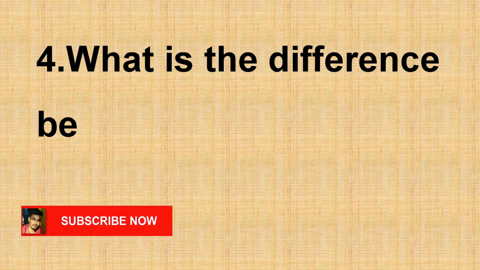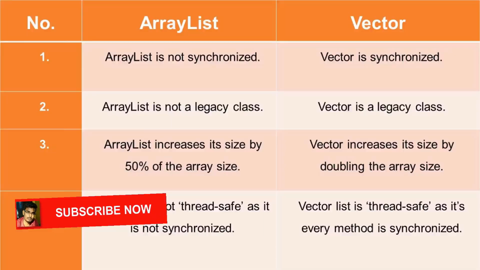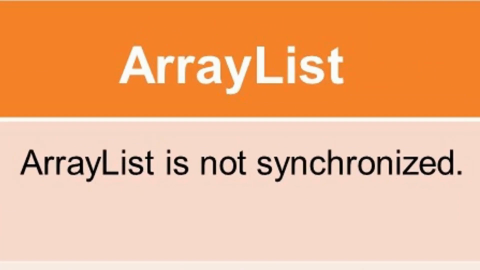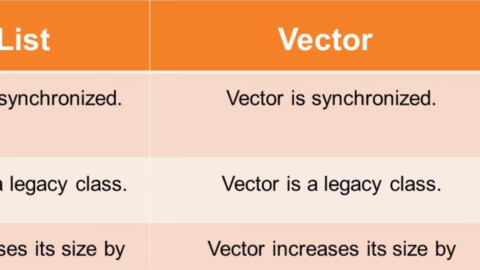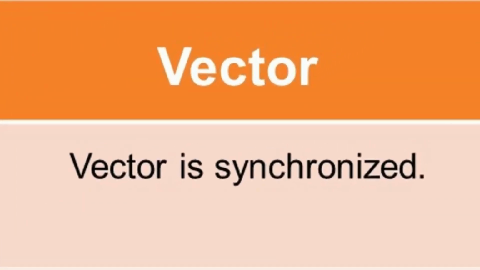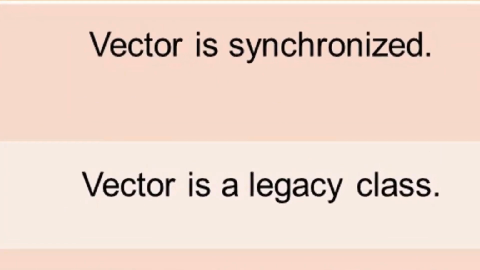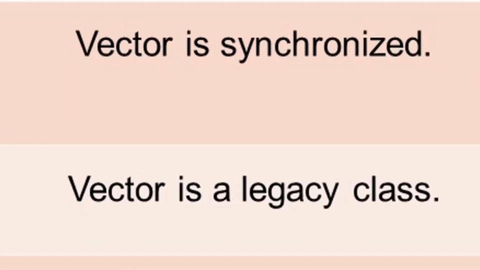What is the difference between ArrayList and Vector? ArrayList is not synchronized. Vector is synchronized. ArrayList is not a legacy class. Vector is a legacy class.